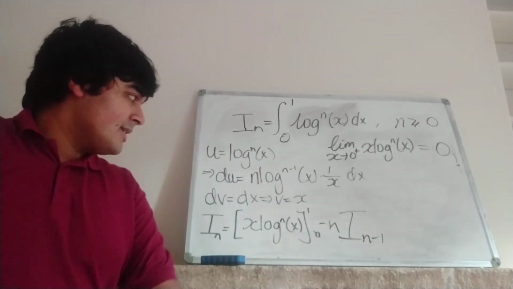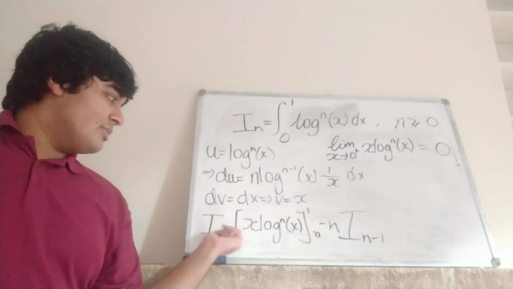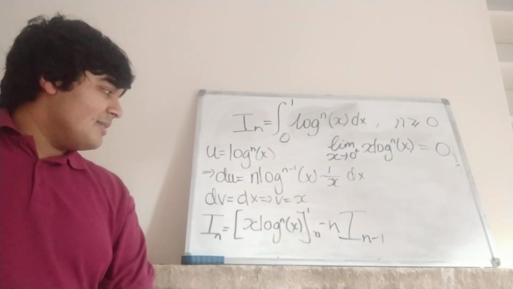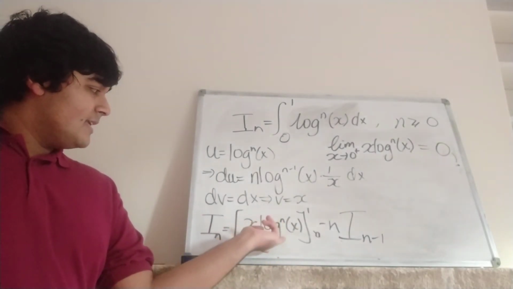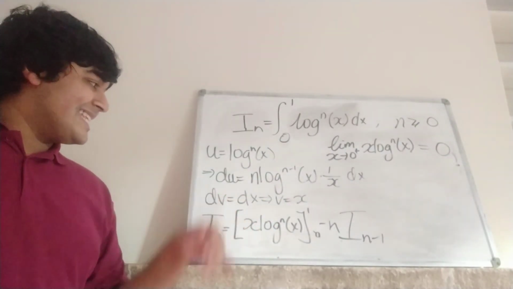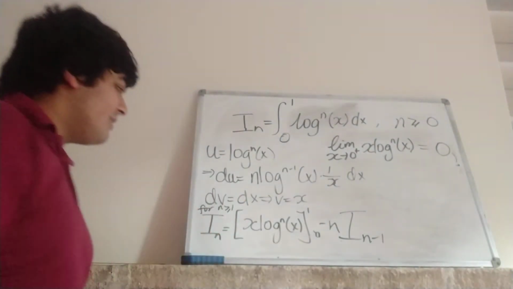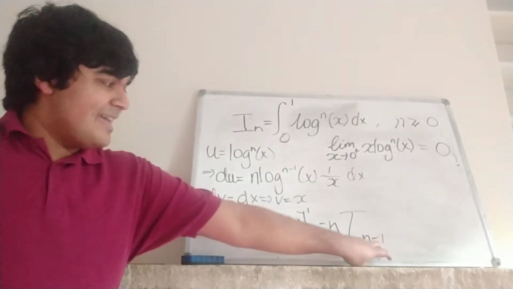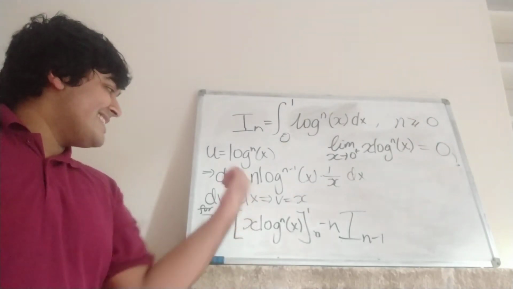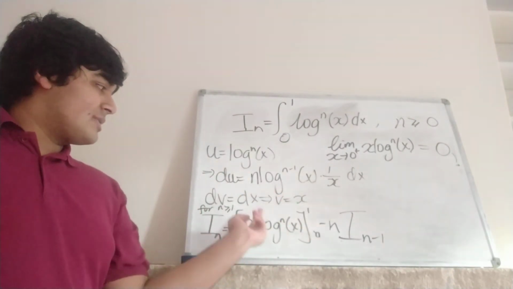Okay, so I_n is equal to this term here, minus n times I_(n-1). Now we need to just evaluate this guy here. So when I plug in x equals 1, I get 1 times (log 1)^n. Now we're assuming here that n is at least 1, which is kind of already given from the fact of this n minus 1 here. So when you plug in x equals 1 into this guy here, it's always going to vanish.